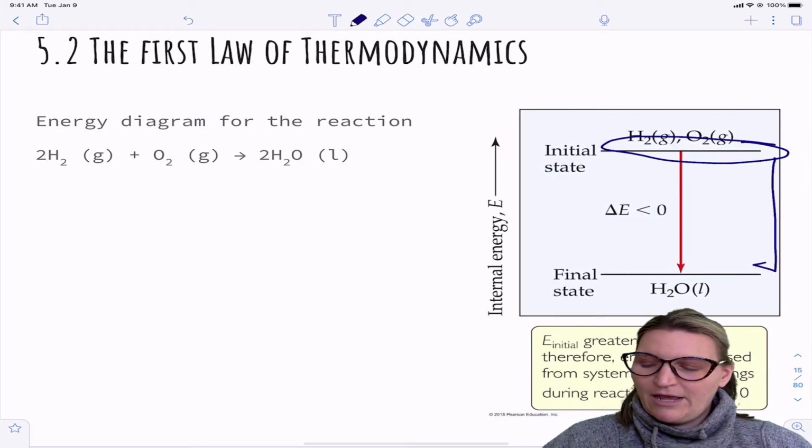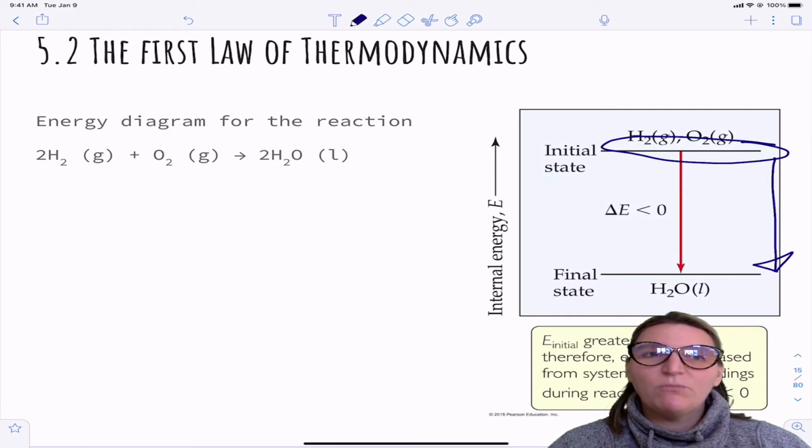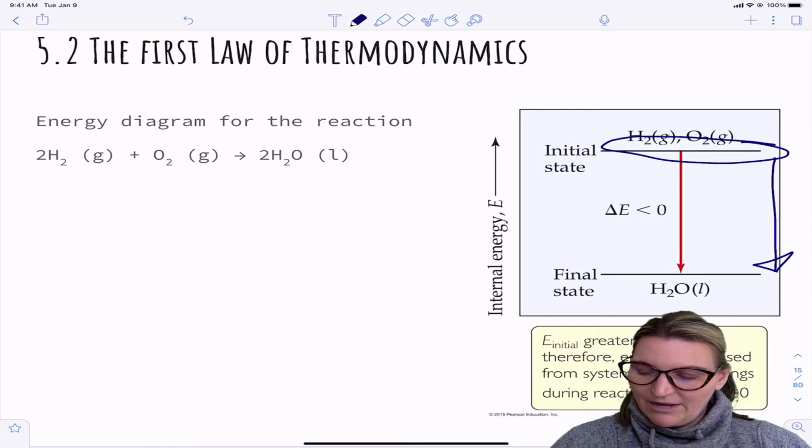And then as the reaction takes place, the products are more stable. They have less potential energy. So where did that energy go? The only place for that energy to go is to be lost to the surroundings. This would be an exothermic reaction.